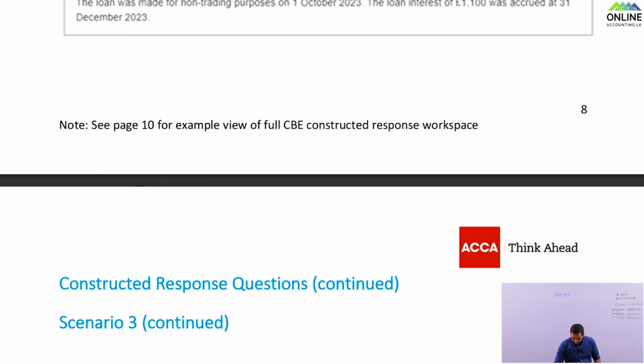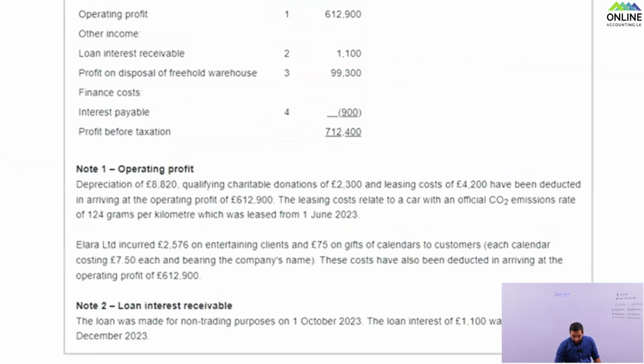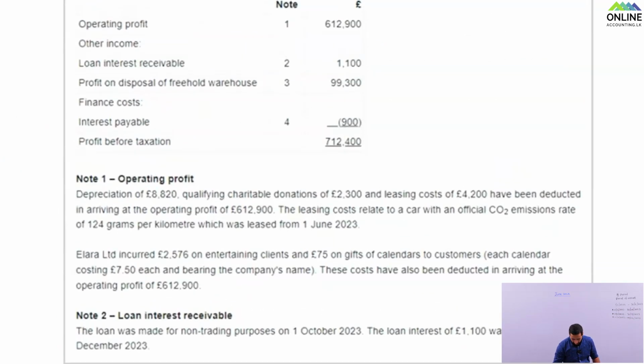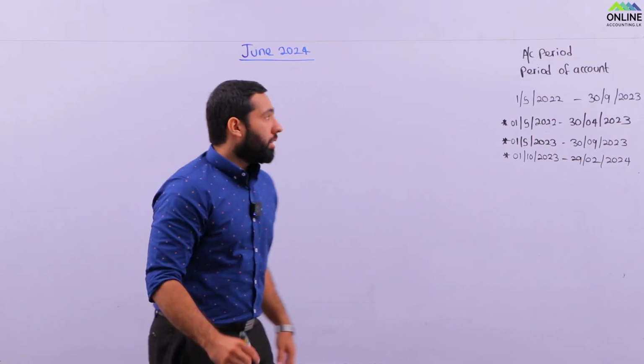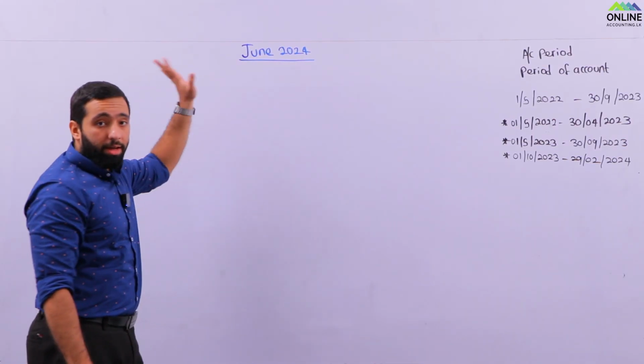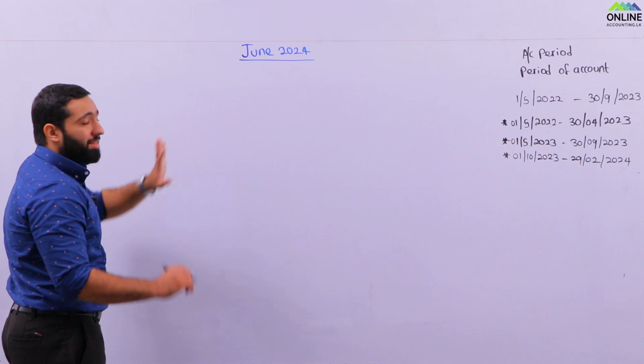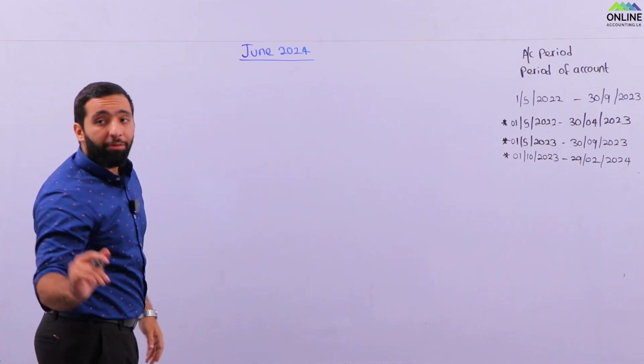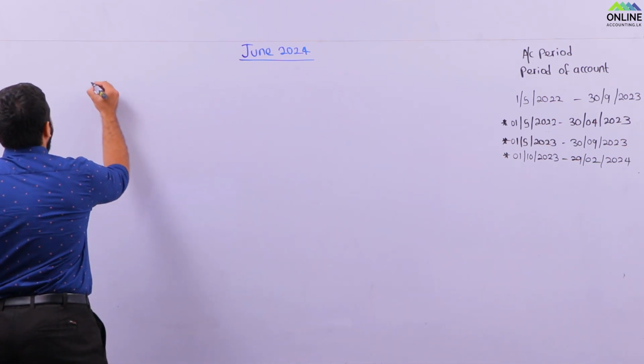Where you start the question is something you need to keep in mind. Make sure you write what the company name is and everything, and then we move on from the operating profits.